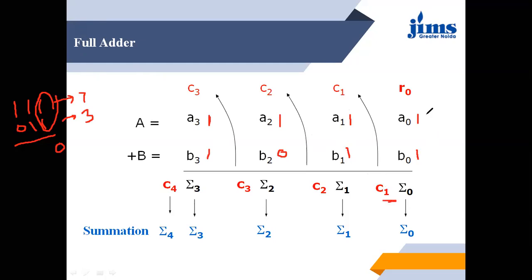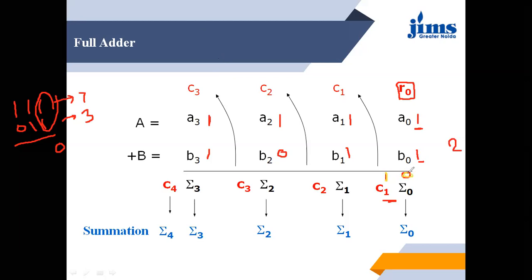So when we are adding 1 plus 1, we will leave this for the moment, we will discuss it also. So when we are adding 1 plus 1, this is equal to 2, and 2 we can represent as 1 and 0.